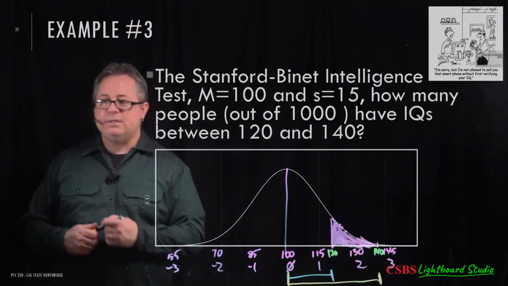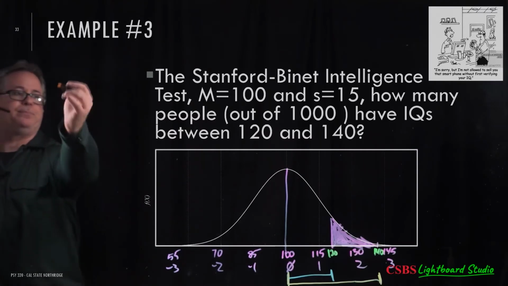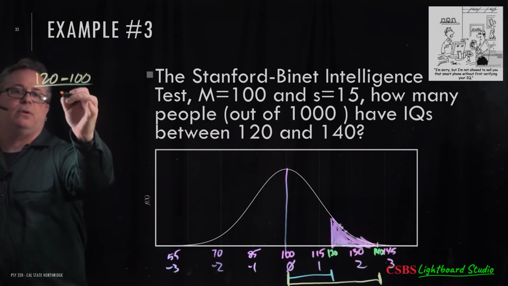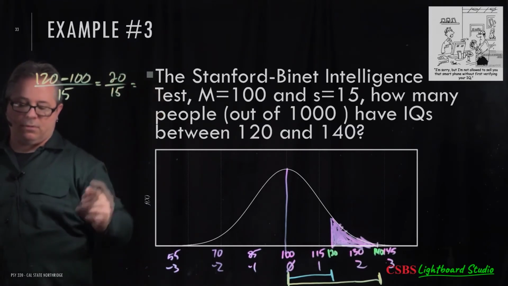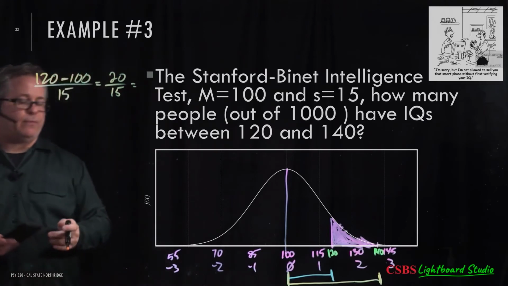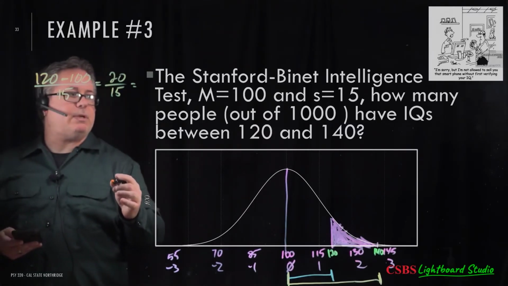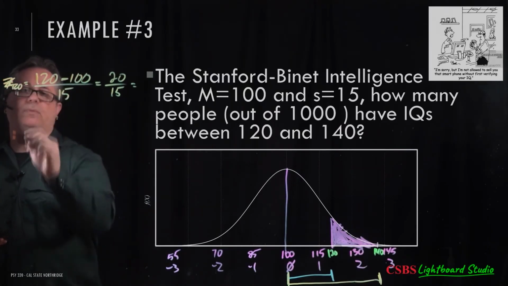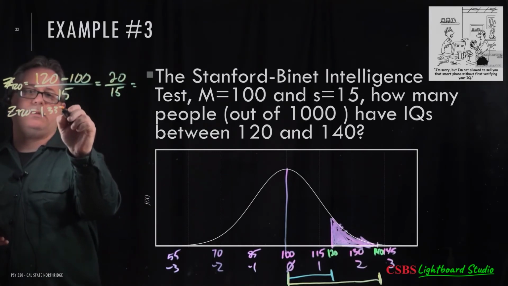So let's find the z-scores for both of them, and then we can find the areas. First, 120: 120 minus 100 over 15 equals 20 over 15, which gives a z-score of 1.333. So the z for 120 equals 1.333.